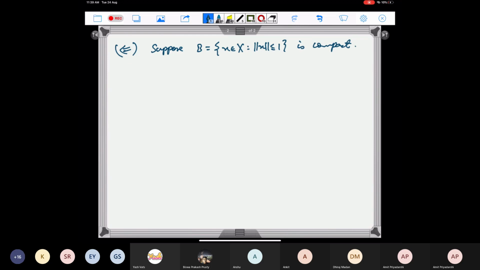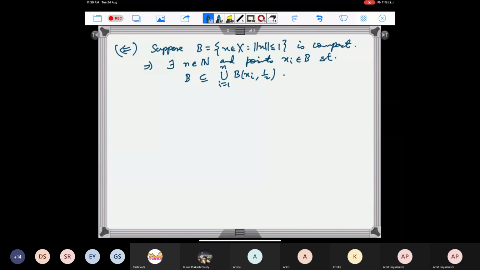So since this is compact, this implies that there exists a natural number n and points xi in B such that B is contained in the union of D(xi, 1/2), i equal to 1 to n. Right.